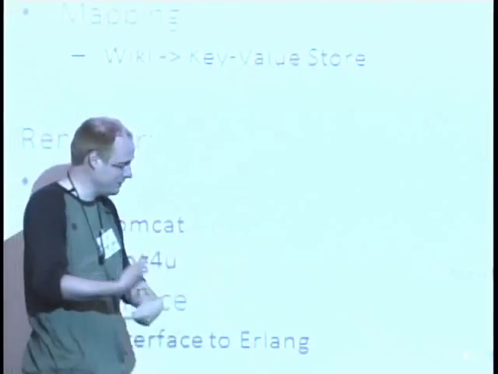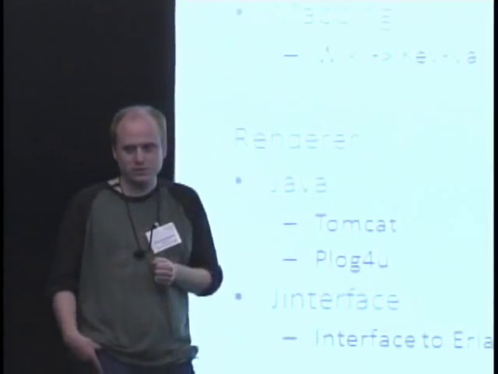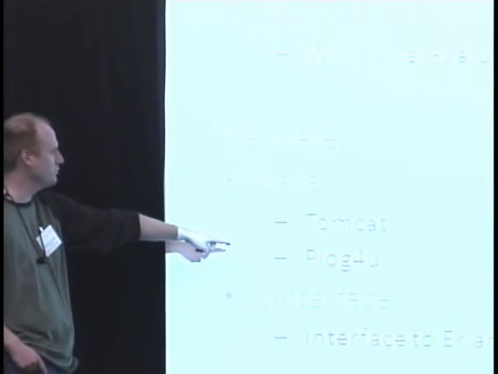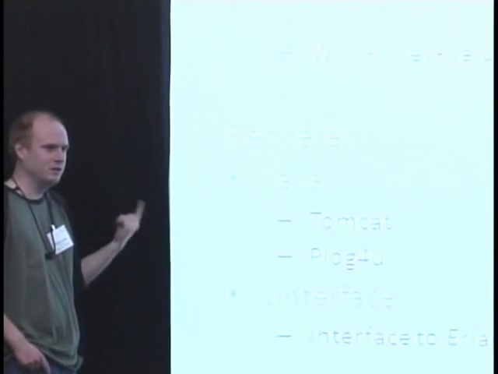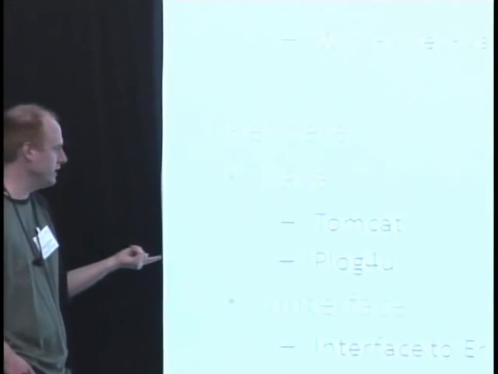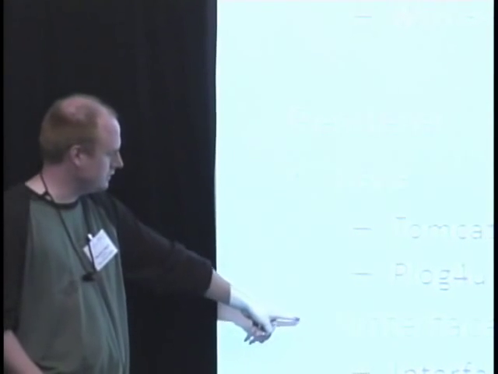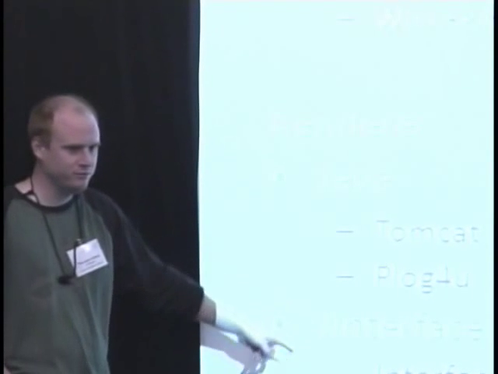You make the lookup to all replicas, and you get the result back. You render the page, and the client eventually gets HTML code. We haven't implemented our own renderer. There was one in Plog4U. The original one is in PHP, but Java was better in this case. And as I said, we are using JInterface to communicate between Erlang and Java.